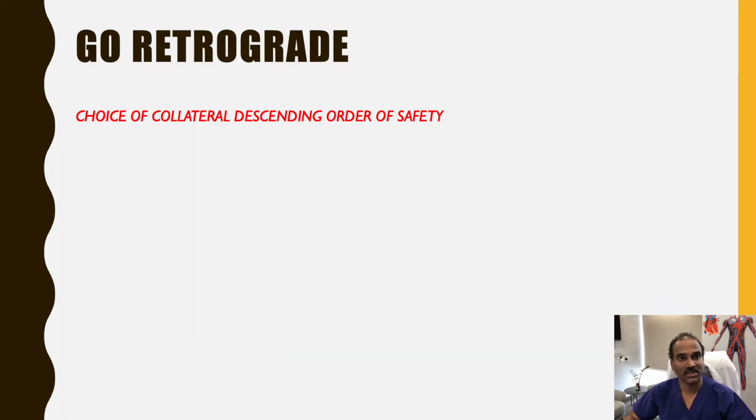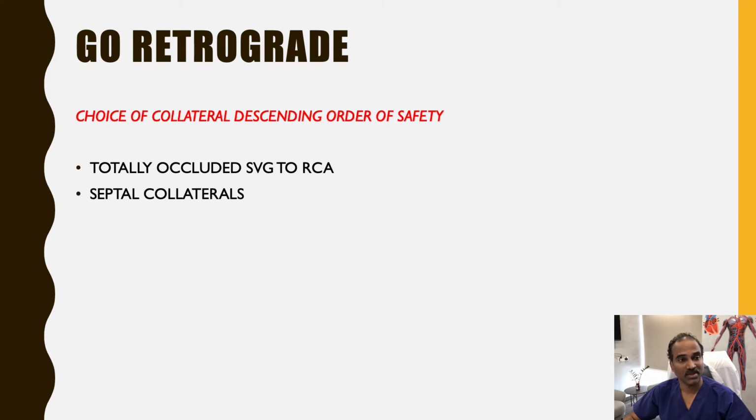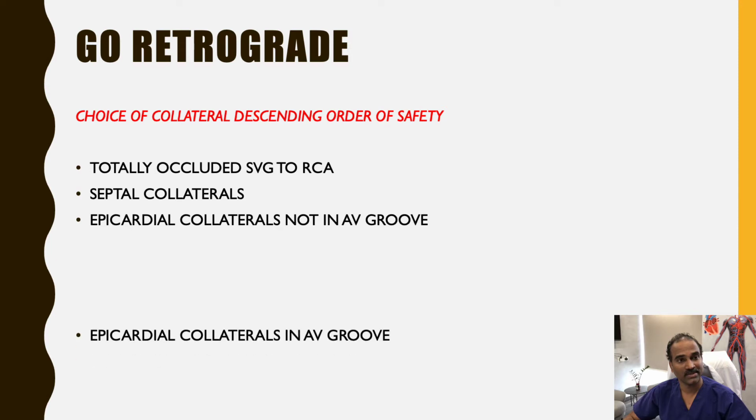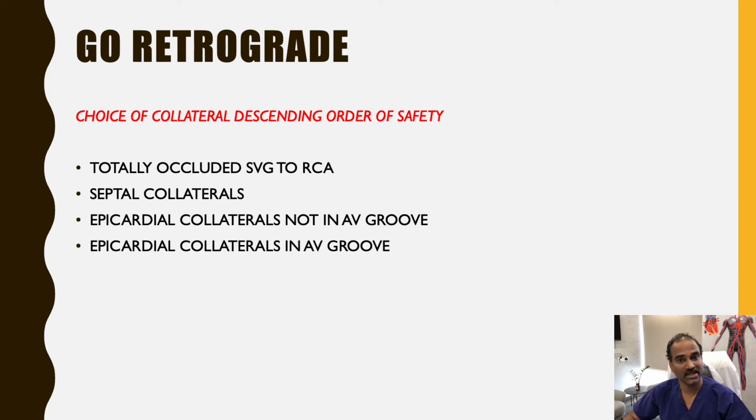So as we were stuck in the middle of the CTO with antegrade wire escalation, Miracle 6, we decided to go ahead with retrograde, and the choice of collateral for retrograde. We have a totally occluded SVG to RCA, and septal collaterals and epicardial collaterals, but not in the AV groove, and epicardial collaterals in the AV groove.